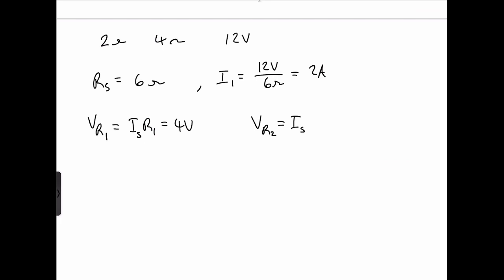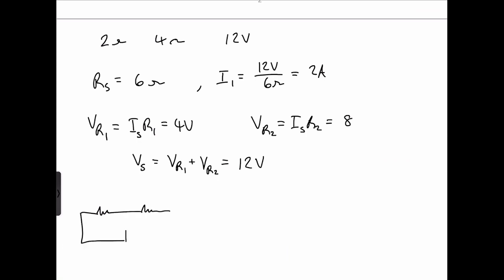I'll make that clear when I draw the circuit. Times R2 is equal to 8 volts. And we see that Vs is equal to the voltage across R1 plus the voltage across R2, which is equal to 12 volts. This circuit is as follows. Just a series circuit: R1, R2, Vs, Is.